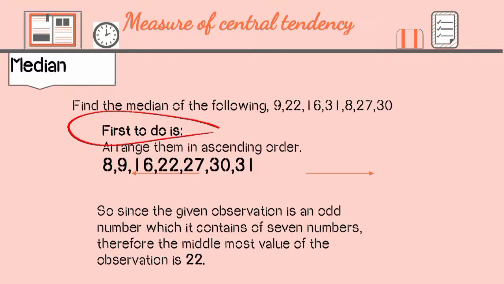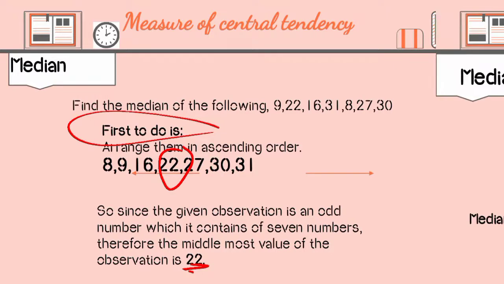Since the given observation is an odd number, containing 7 numbers, the middlemost value of the observation is 22. Since there is only one, okay? Because the number of observations is odd.